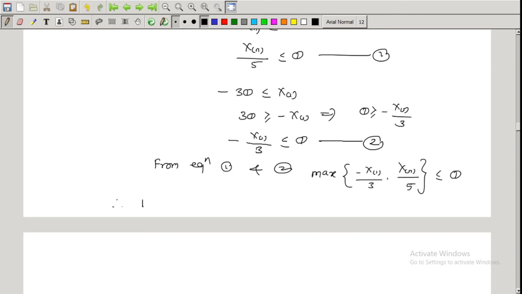Therefore, the maximum of minus x order 1 upon 3 comma x order n upon 5 is the MLE, maximum likelihood estimator, of theta. Correct? Next example.